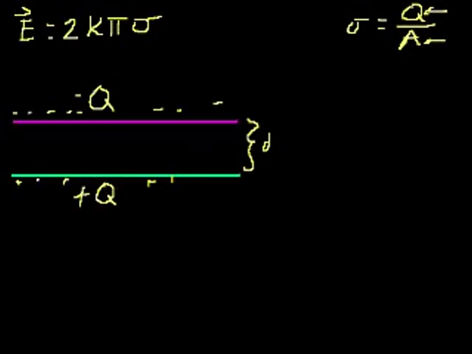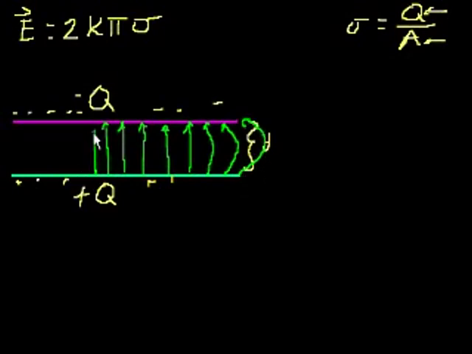For example, this green one is going to be generating field lines that look something like this. Near the center, it's constant. These are meant to look constant. Near the center, it'll look like that. And it'll start to bulge out when you get to the edges. But once again, near the center, it's constant.